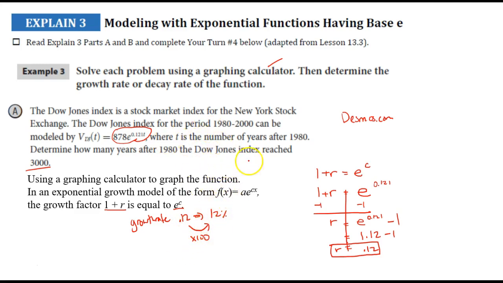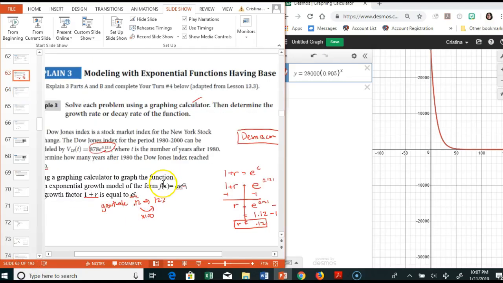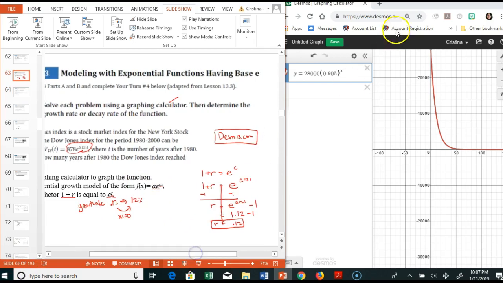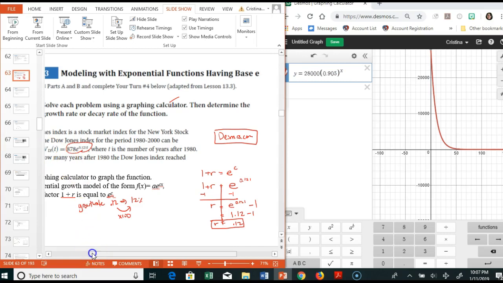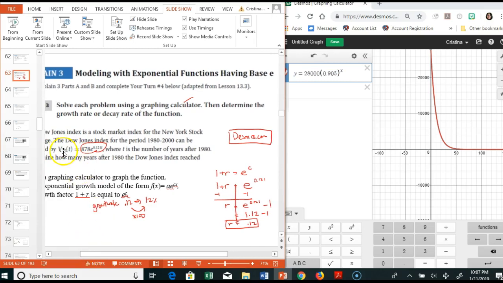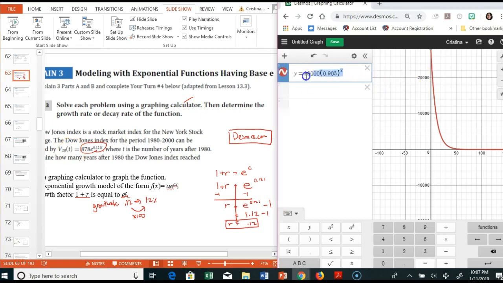Now we can actually use Desmos to graph this function and figure out at what point there will be $3,000 for the Dow Jones Index. Alright, so we're going to again use Desmos.com. So I open this up. This is actually from a previous section, so I'll go ahead and erase this. Instead of writing the Dow Jones as a function of time, I'm going to write y equals 878 to the e power.